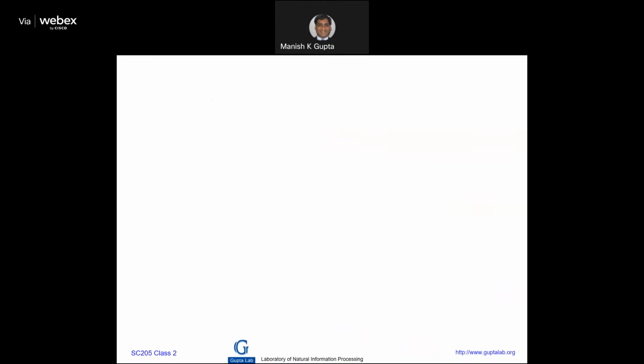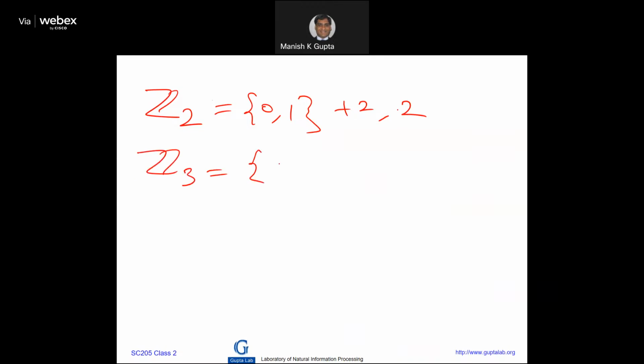You saw that integers modulo 3 is also a field. So we have Z2, integers modulo 2, which is 0, 1, with operations plus 2, dot 2. We have Z3, 0, 1, 2, with plus 3, dot 3.